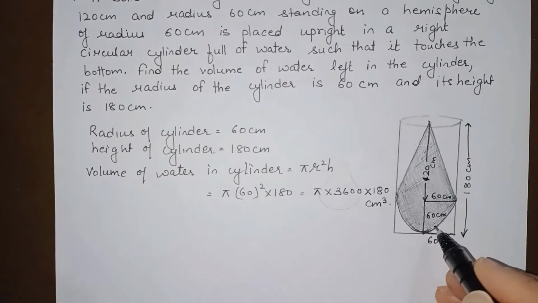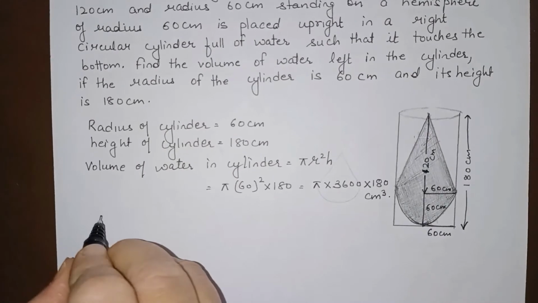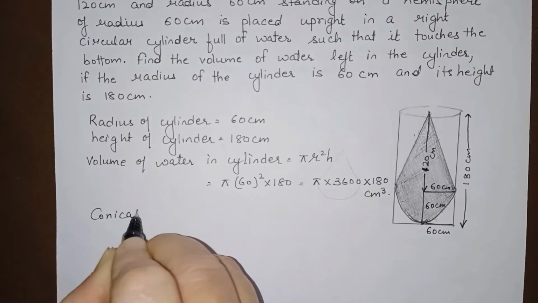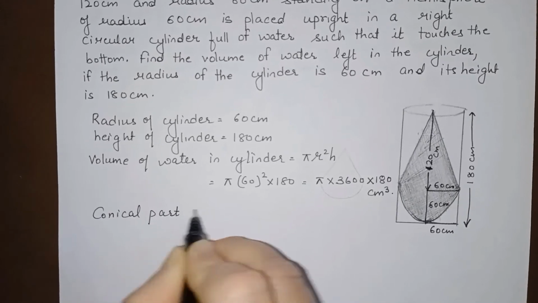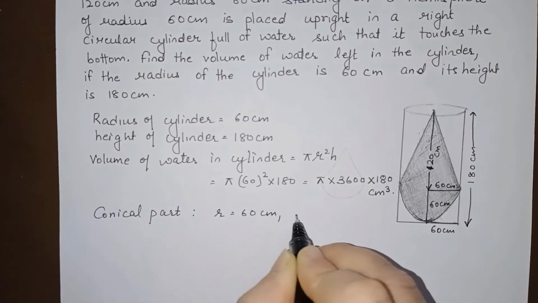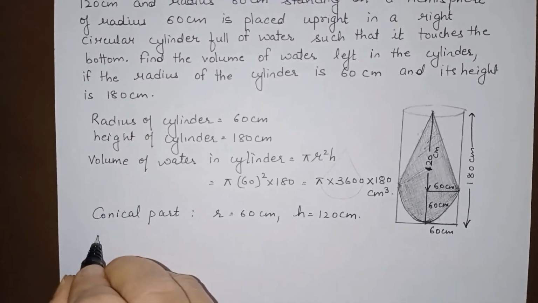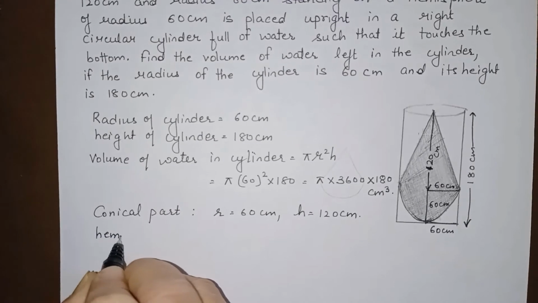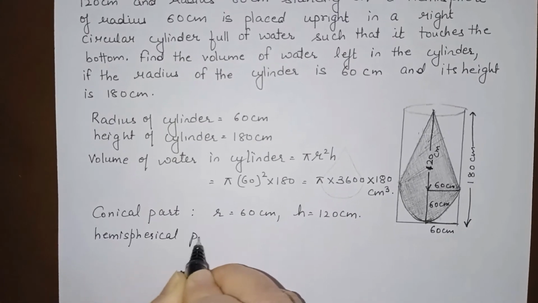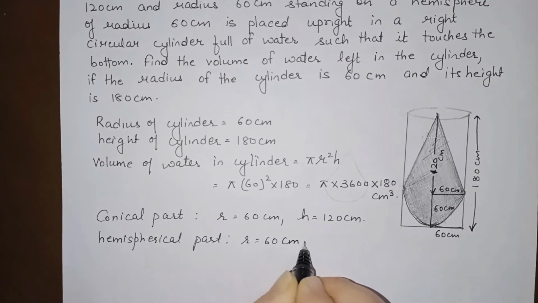Now this solid is made up of a conical part as well as a hemispherical part. Let us first see the conical part. In this conical part, radius is 60 centimeter and height is 120 centimeter. Now for the hemispherical part, radius is 60 centimeter.